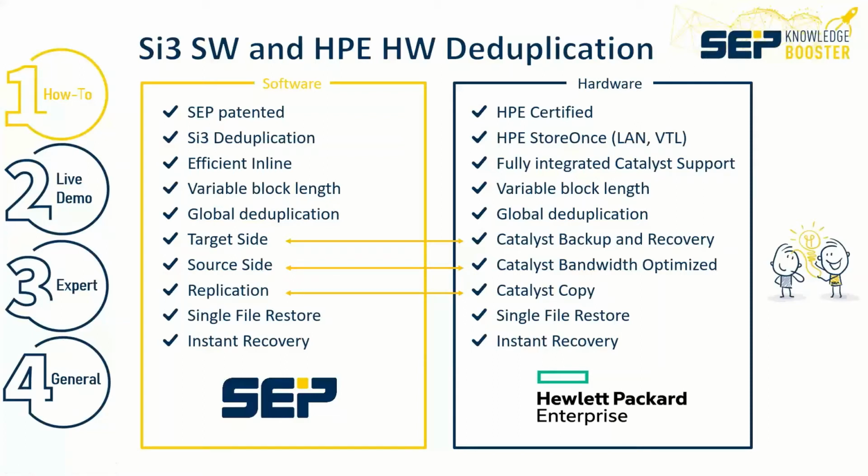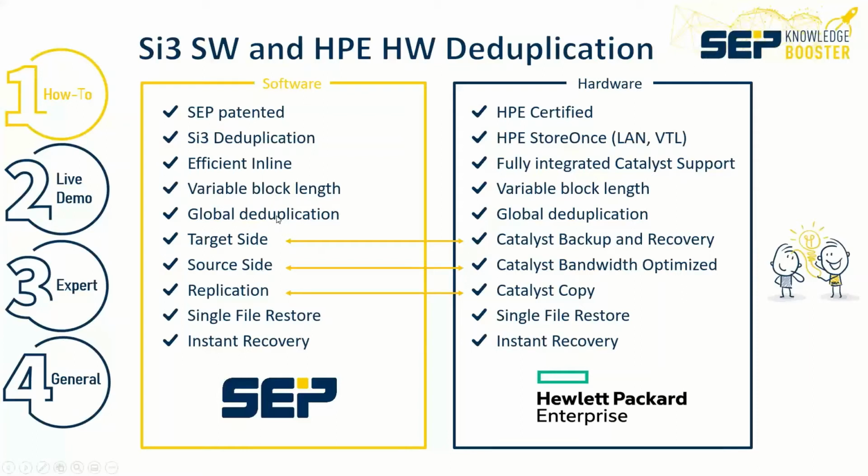And just to give you a hint, one advantage of the Catalyst protocol is that it's proprietary and that it's safe regarding ransomware and other viruses, because they cannot access the data via the Catalyst protocol because it's an API, an application programming interface. Then both algorithms work with variable block length.